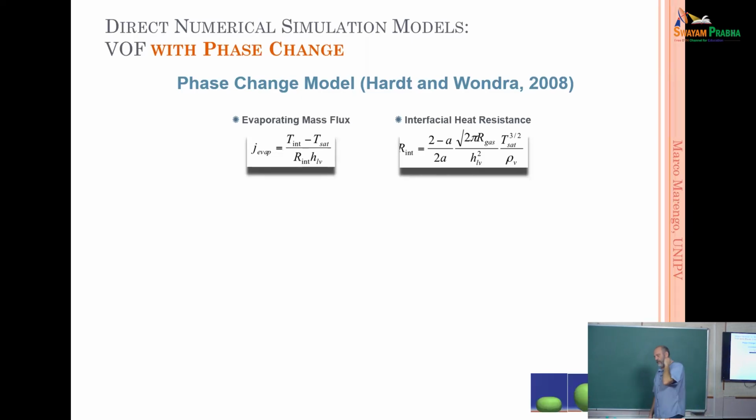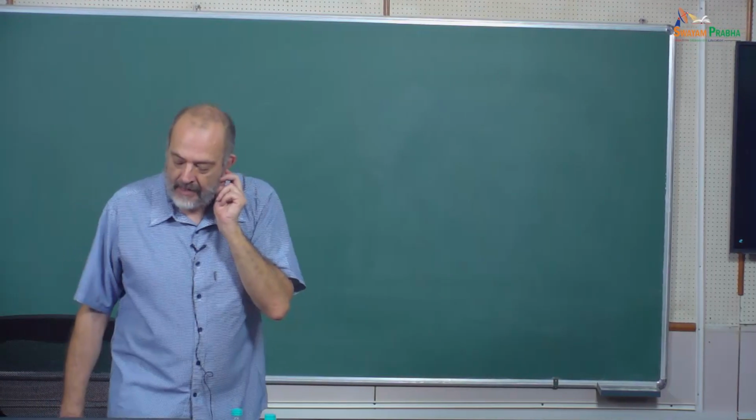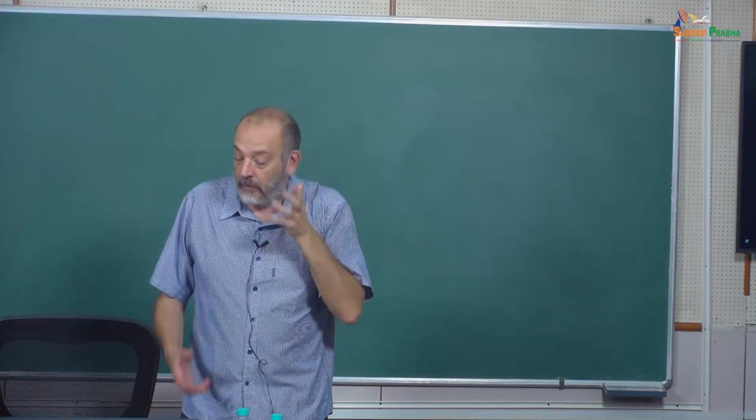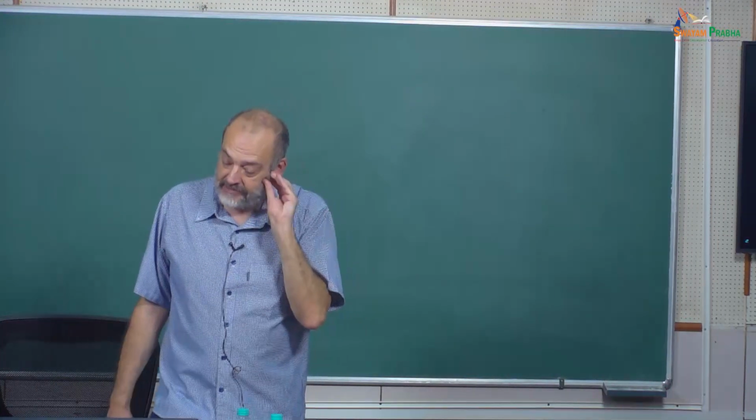There are, let's say, molecular simulations that are saying that this should be in this direction. This is coming from statistical physics, and we have this term that is the interfacial heat resistance that was proposed by Hardt and Wondra in 2008.